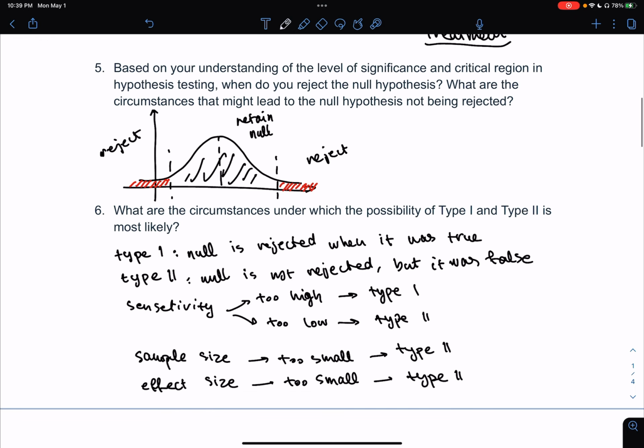So question 5, based on your understanding of the level of significance and critical region in hypothesis testing, when do you reject the null hypothesis? What are the circumstances that might lead to the null hypothesis not being rejected? Basically, based on the alpha level that we have, we define a critical region.